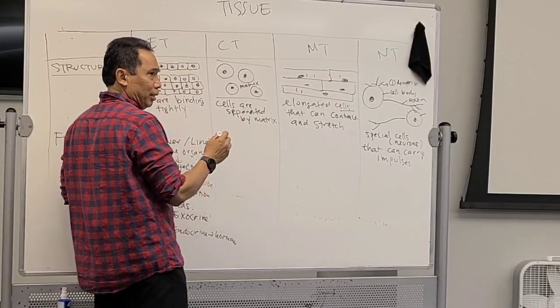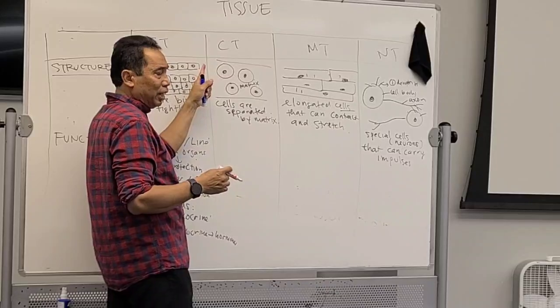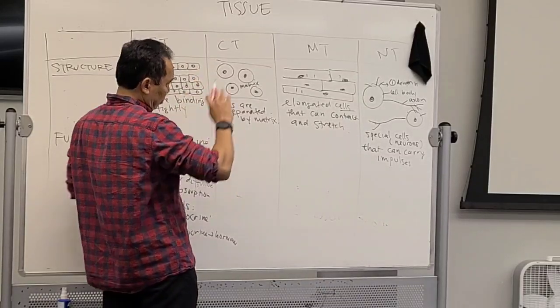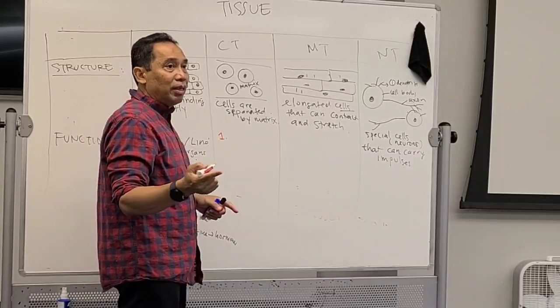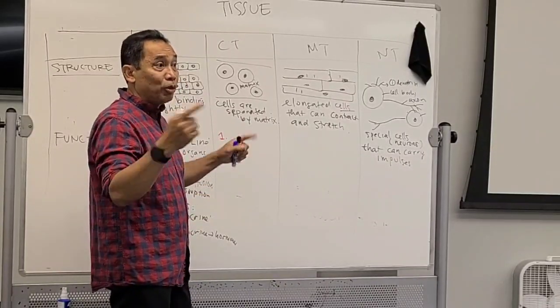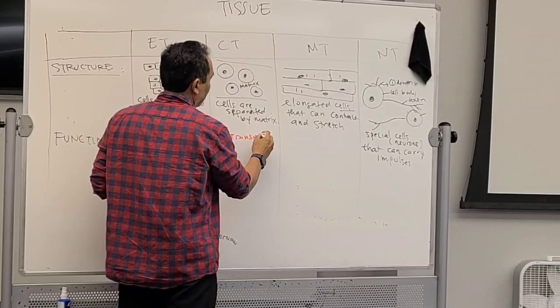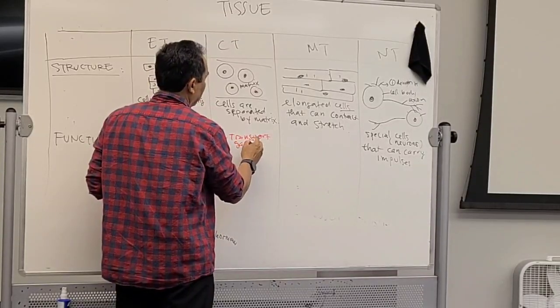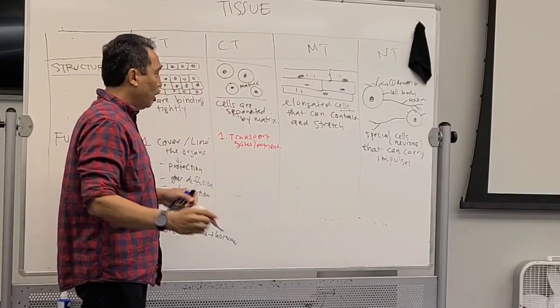CT. What is the function? Many functions, because this is the most diverse type of tissue. Connective tissue is very diverse. There are several functions. If it is blood, what is the blood function? Transportation, right? It transports gas and nutrients. That's an example. Now bone.